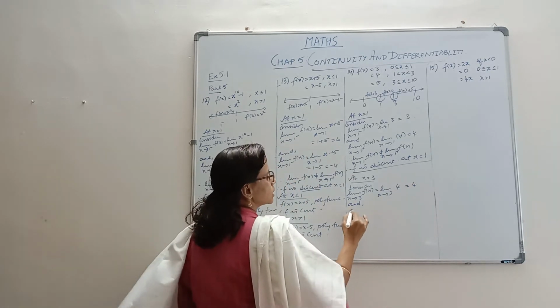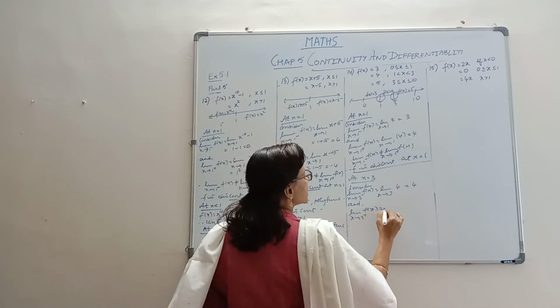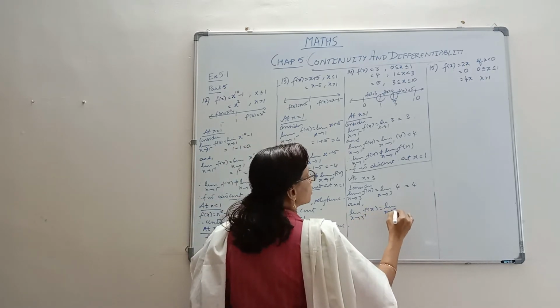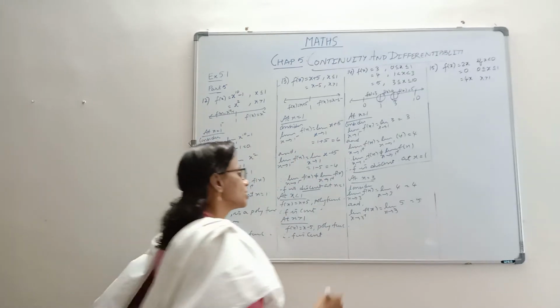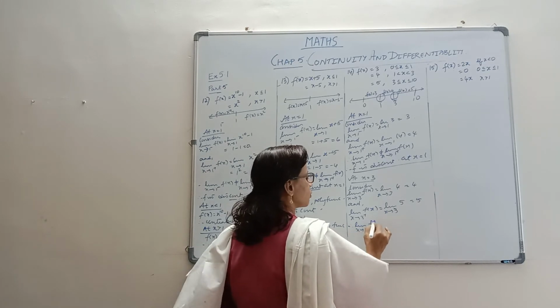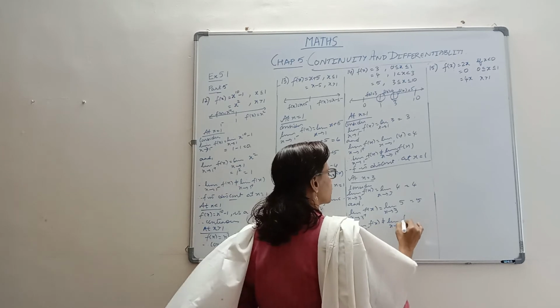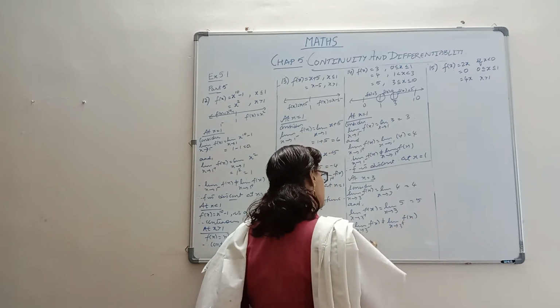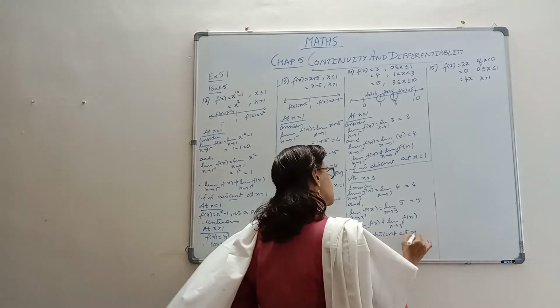And limit as x tends to 3 plus, that means on the right side of 3, the function is 5. Again, they are not same, right? So therefore limit as x tends to 3 minus f of x is not equal to limit as x tends to 3 plus f of x. Like that, f is discontinuous at x equal to 3.